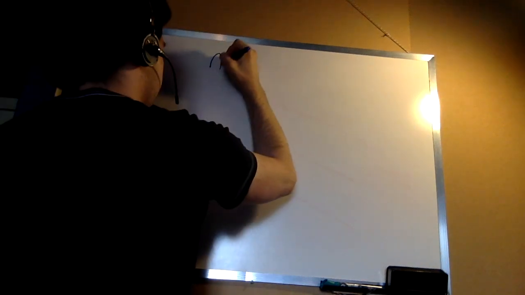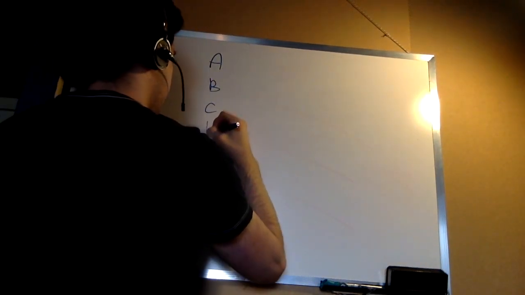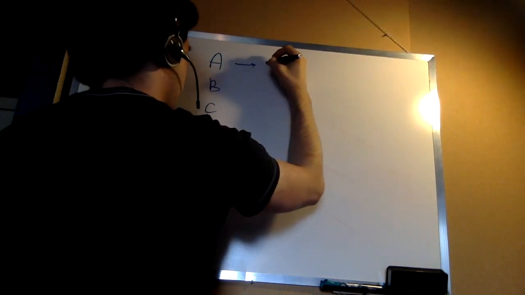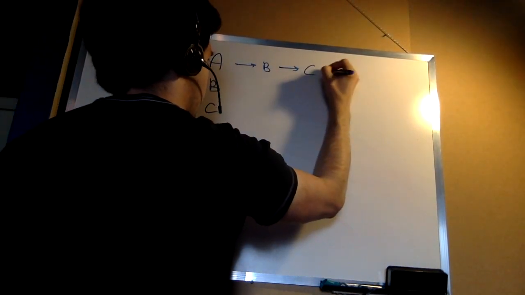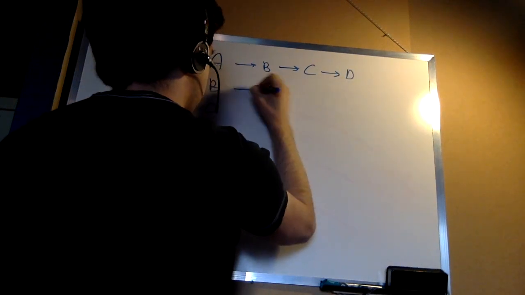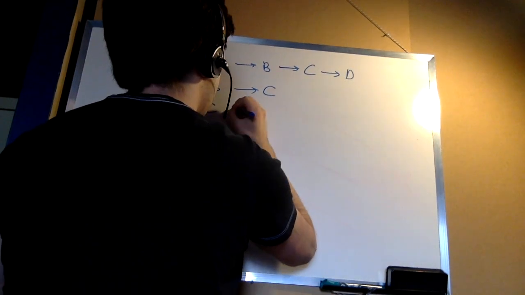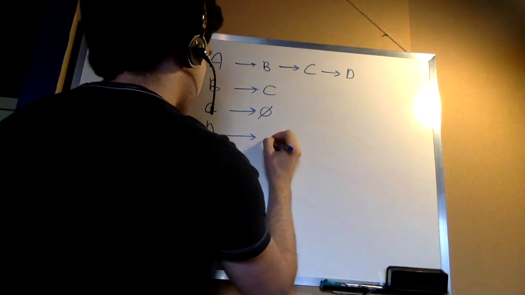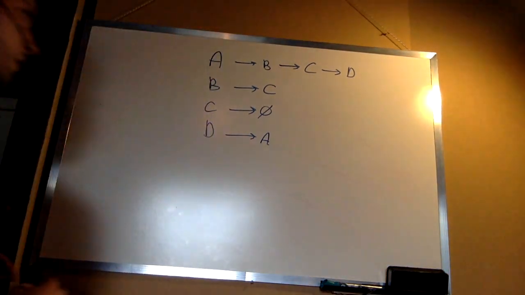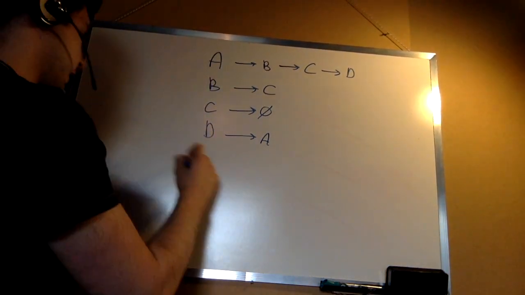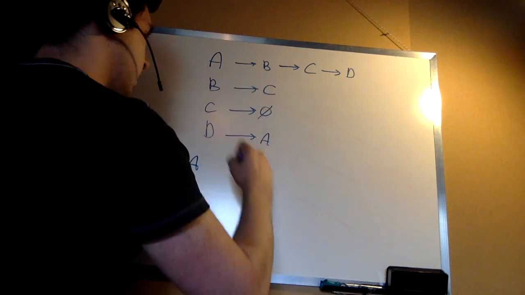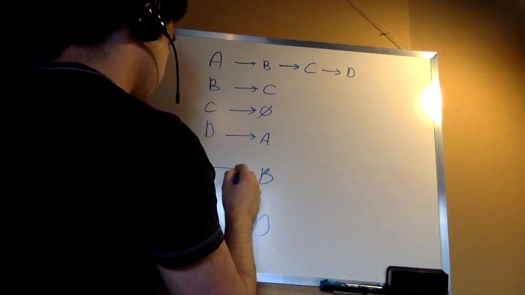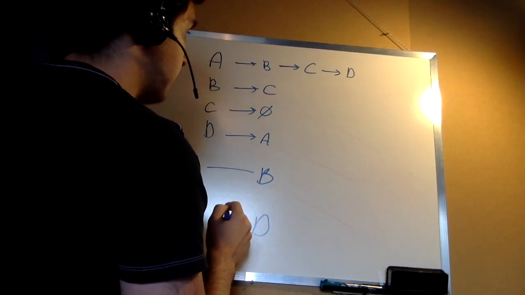So when you have your adjacency list, like A, B, C, D, let's say A points to all the others, B, C, D. Let's say B points to C, C doesn't point to anything, D points back to A. Oh, this is undirected, I'm sorry.